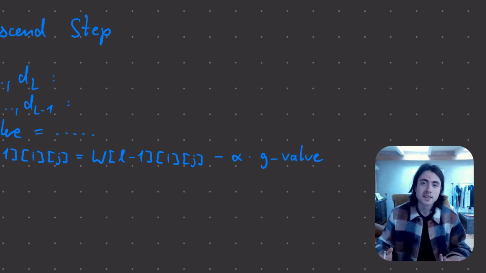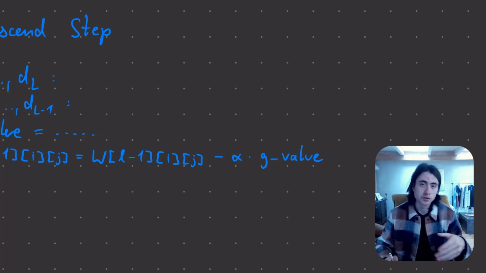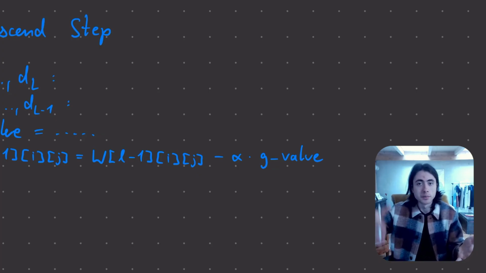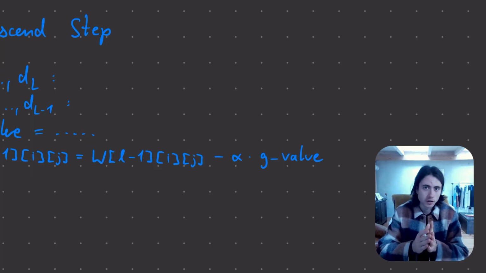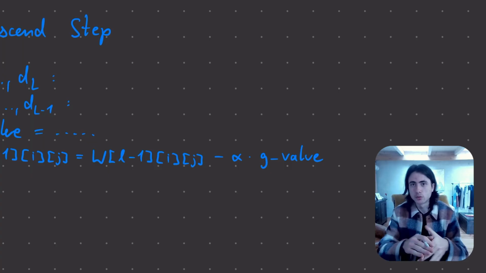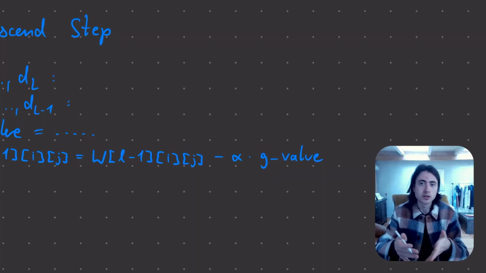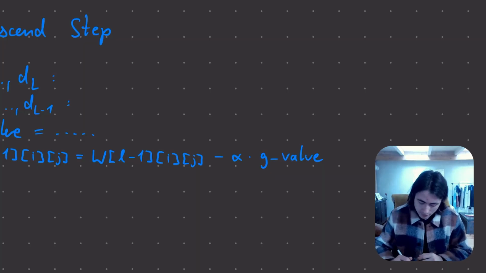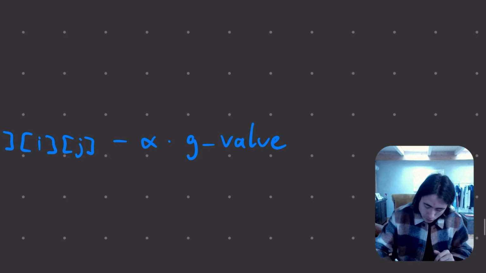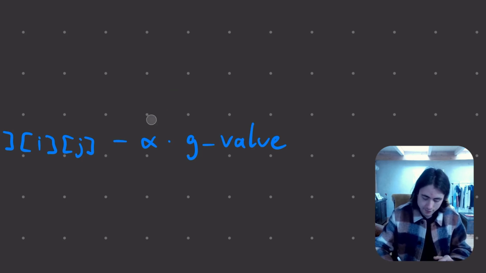Now the learning rate determines how big the steps are that we make during our backpropagation, and a bigger learning rate means that we take bigger steps, which is good if we are not very optimized, but as we get closer to a minimum, we want to reduce our step size, because if the step size is too large, then we could also just step out of our local minimum and never converge to any meaningful value. But again, that's a hyperparameter here, which we will not further discuss right now.